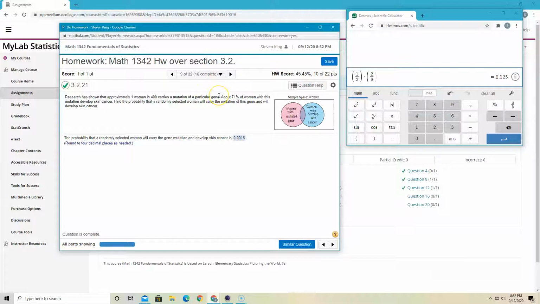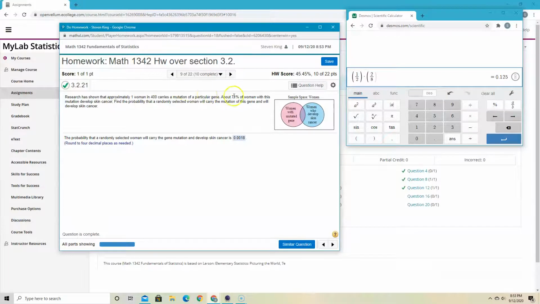Okay. Now, if the woman has this mutated particular gene, then the researchers know that about 71% of the women that have this mutated gene unfortunately develop skin cancer.